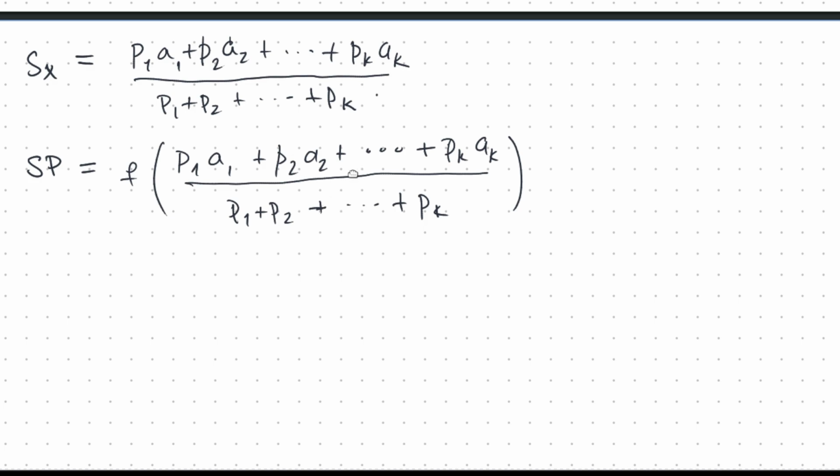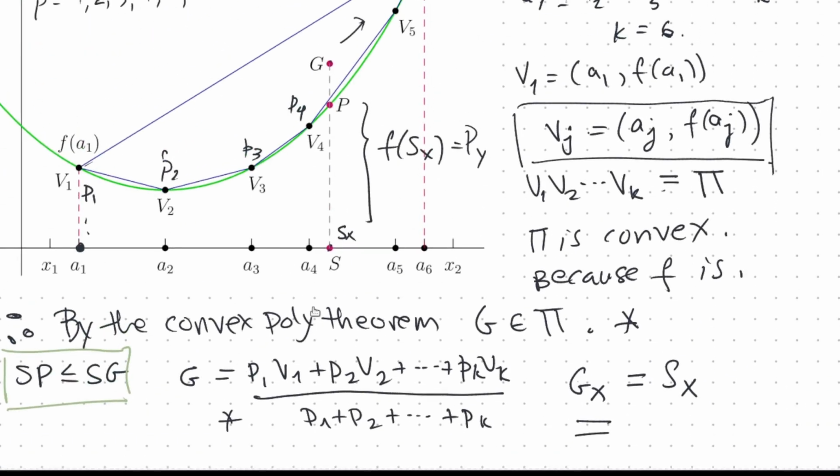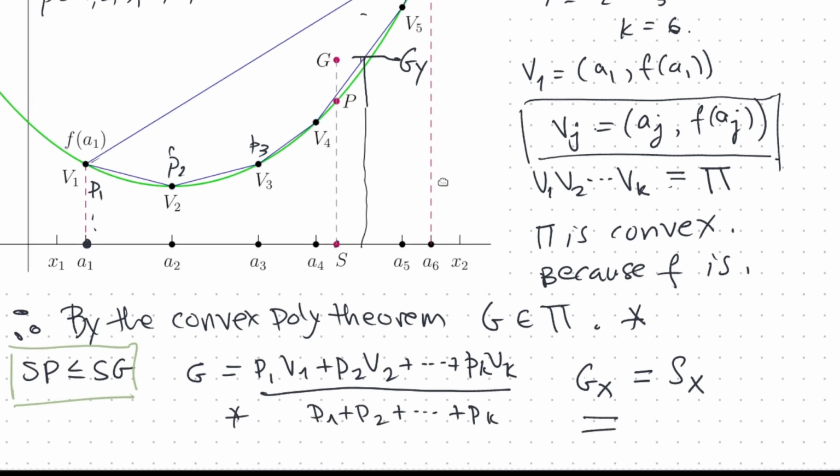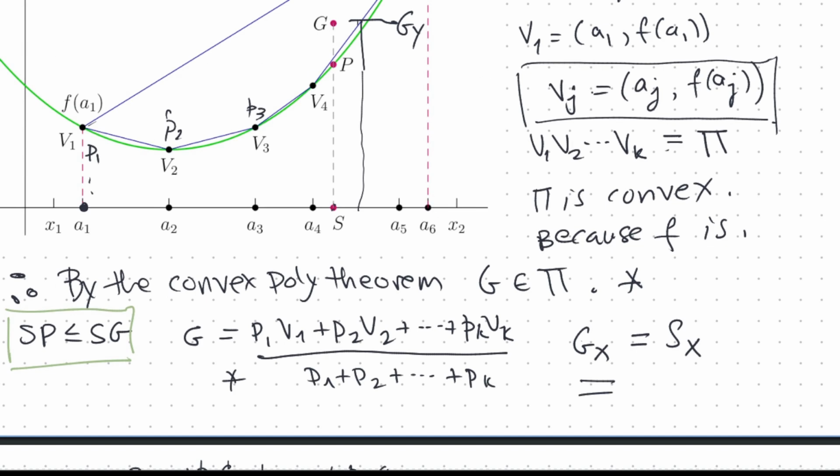Okay, so now we need SG. So let's erase some of this stuff. Now I need this length here, from the x-axis up to point G. So this is actually Gy, the y component of G. And how do I compute that? It's easy. I know the y components of all my points.